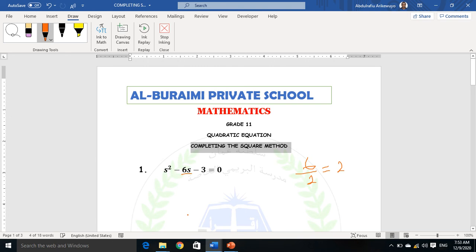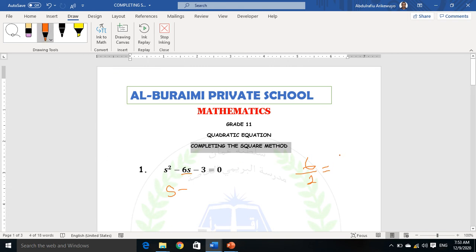right? So then I open a bracket. I have s here. I put only one s, not 2, right? I put only one s. This minus my answer here, which is supposed to be 3. 6 divided by 2 is 3.